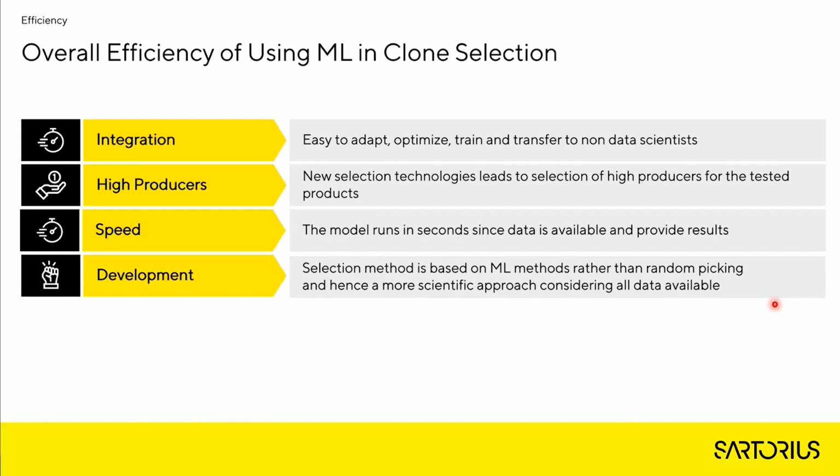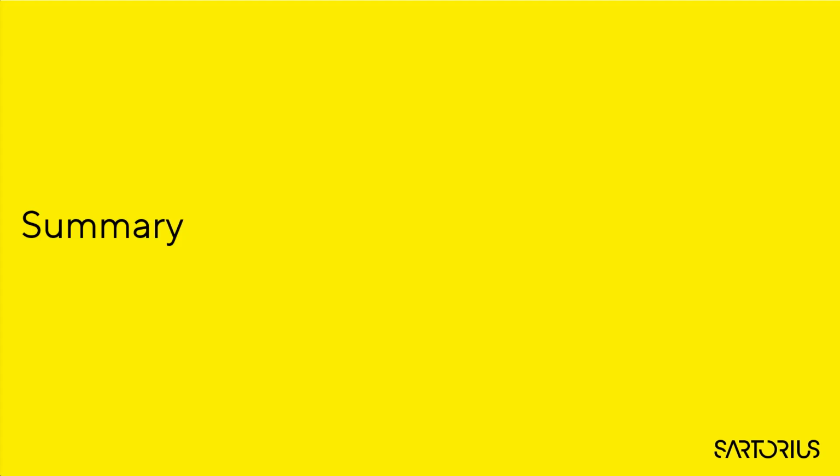The model is also very efficient; it runs in seconds once the data is available and provides the results. From the development perspective, it is a selection method based on AI and machine learning rather than random picking, and hence a more scientific approach considering all available data.